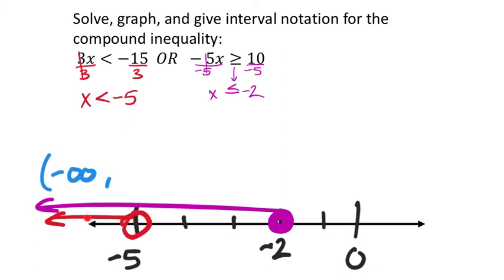You could say it's on the red, I'm going to call it a red track, because I like trains. But then it's going to skip over to the purple one, boom, it's going to follow that all the way to negative 2, and that's where the line ends. So this one actually goes all the way to negative 2, which is included. So this would be the interval right there, okay?